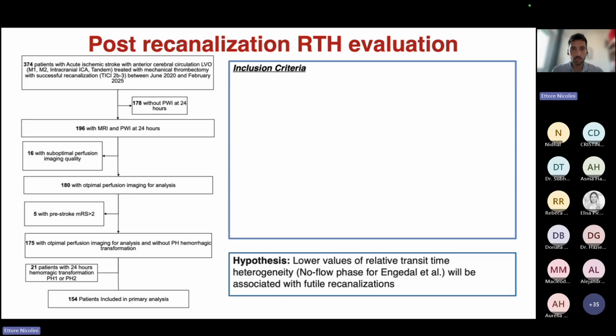So with our group, from Sapienza University, we decided to test whether capillary perfusion and in particular relative transit time heterogeneity could actually detect the no-reflow phenomenon and indeed predict futile recanalization, starting from the computational model of Engedal, which described the third phase of ischemic stroke, so the no-flow phase, as a reduction of relative transit time heterogeneity.